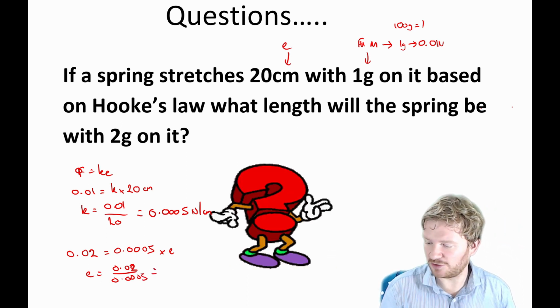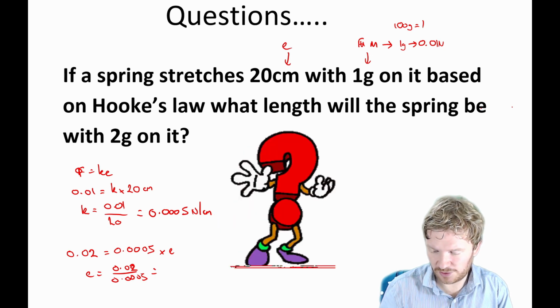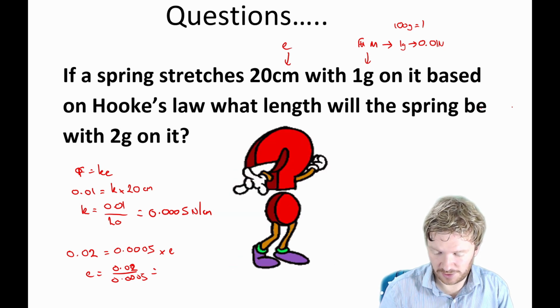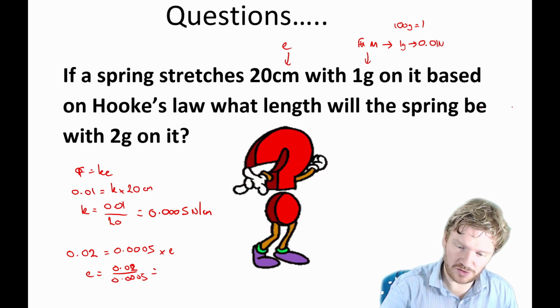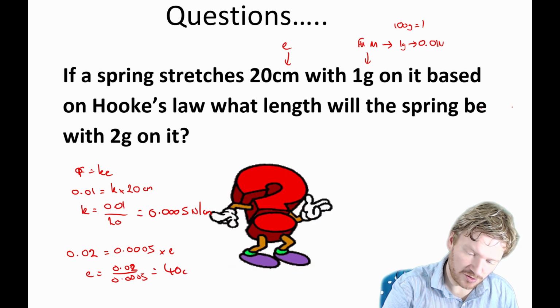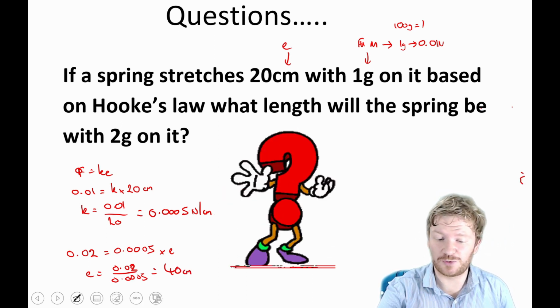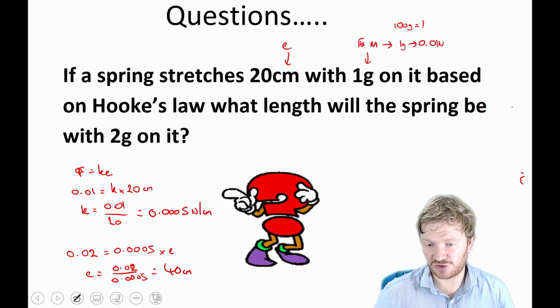I should have picked better numbers for this question. That is 40 centimeters. You may have been able to see that from the question. I've doubled the force, therefore I'll double the extension, but it's always nice to show how to do it properly.